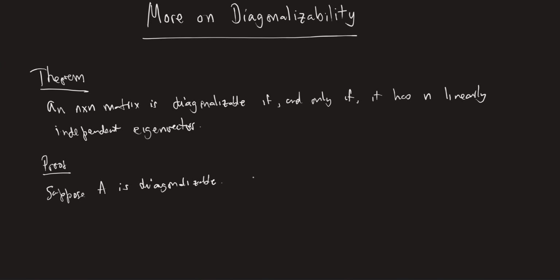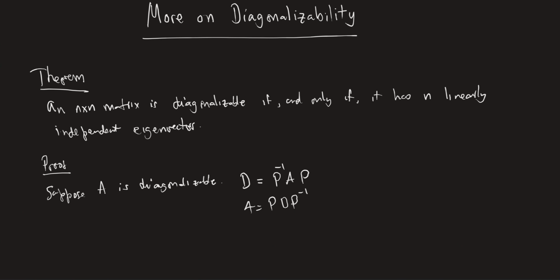Well, we know that there exists some diagonal matrix D such that P inverse times A times P equals D, where P is invertible, which we could also write as saying that A is P times D times P inverse.